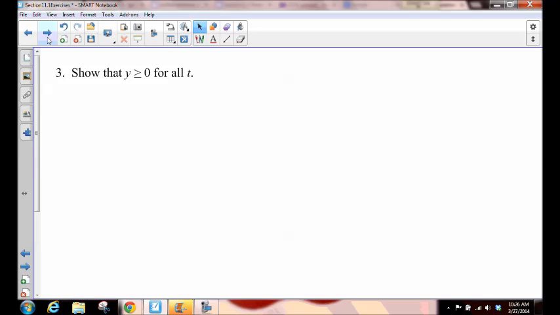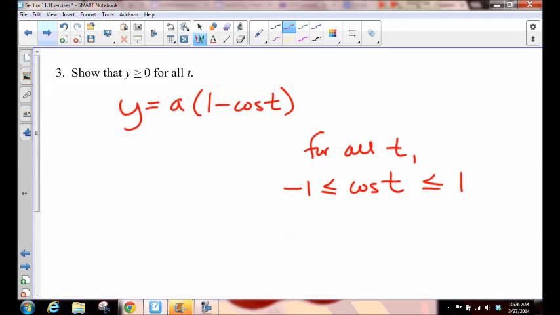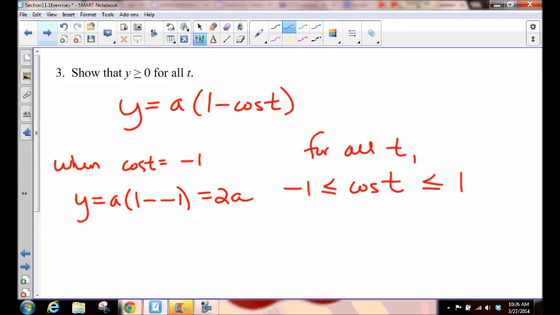For part 3, we're supposed to show that y is greater than or equal to 0 for all t. So y is equal to a times (1 minus cosine t). And let's remember that for all t, negative 1 is less than or equal to the cosine of t, which is less than or equal to 1. So let's look at the extremes here. When cosine t is equal to negative 1, y is going to be a times (1 minus negative 1), which gives us 2a.